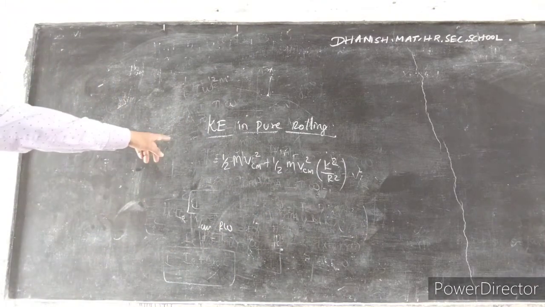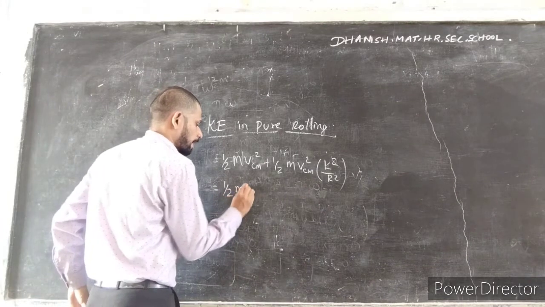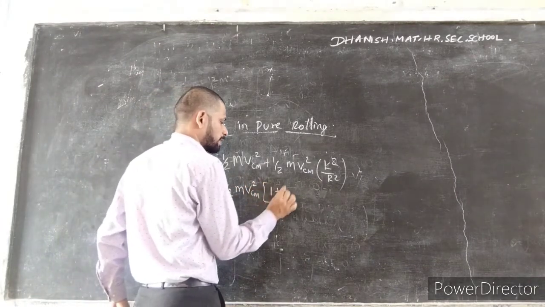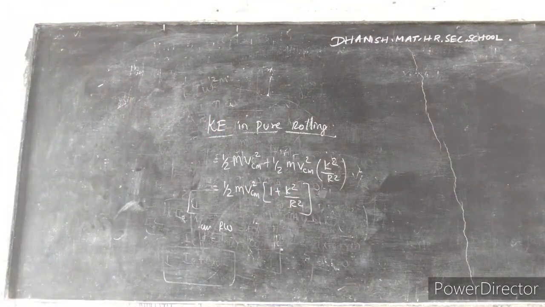Now take out 1 by 2 m VCM square common, and it becomes 1 by 2 m VCM square times 1 plus k square by r square.